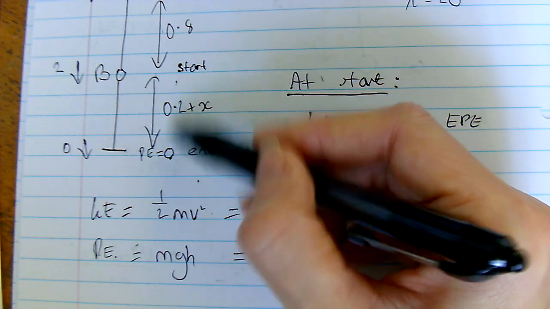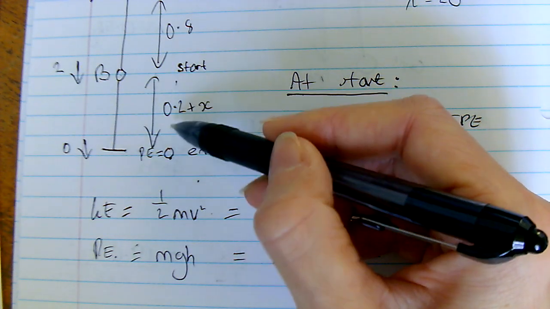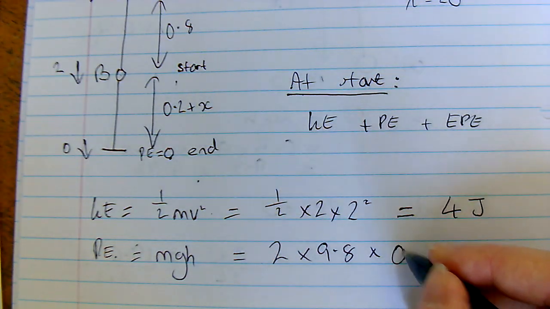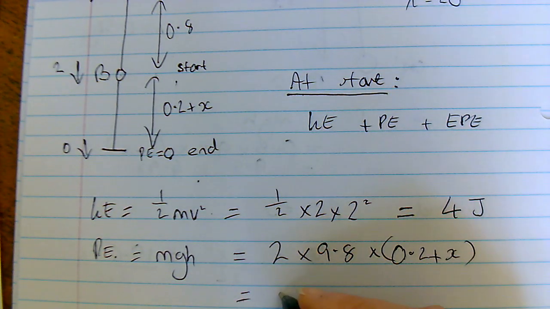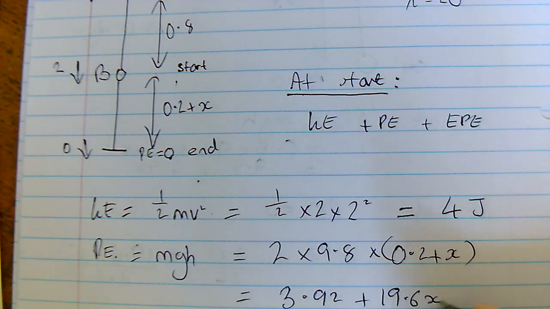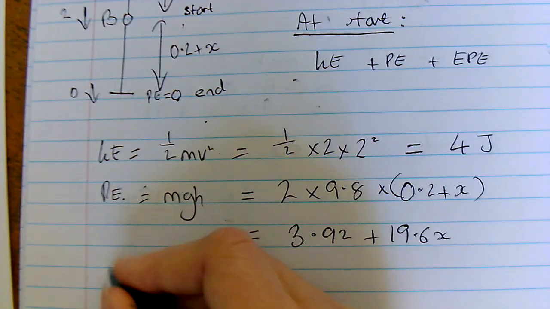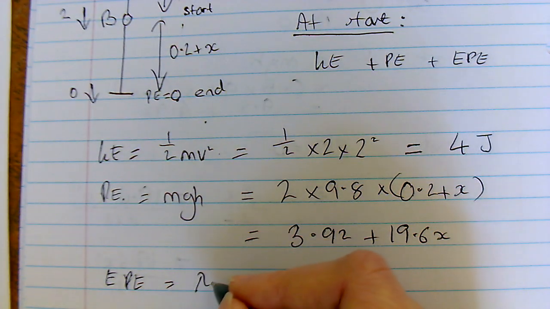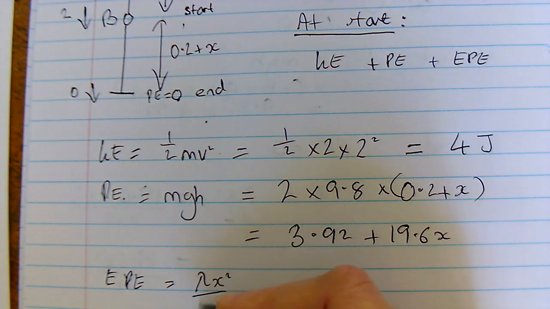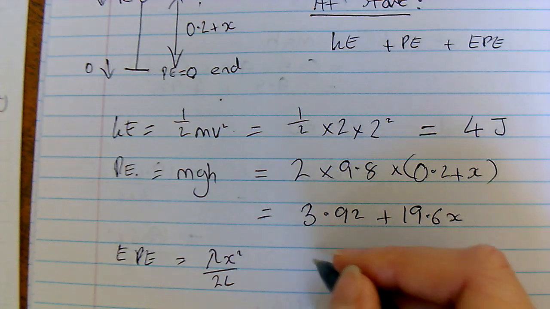At the start, this distance here is the height, so the height is 0.2 plus x. Expand that, and you get this. Okay, so here's our 2, and then we've also got elastic potential energy. So you put those ones in.